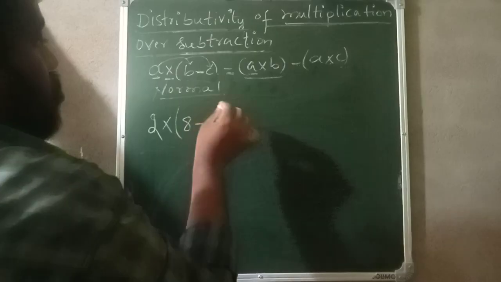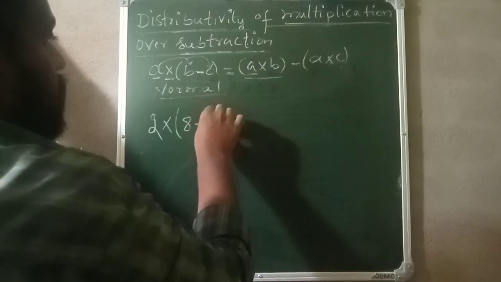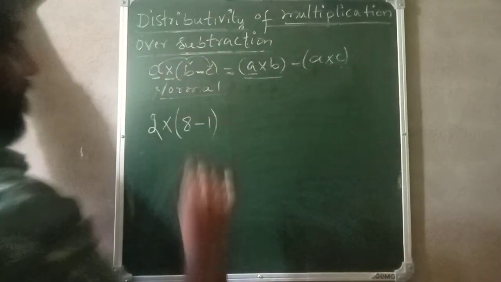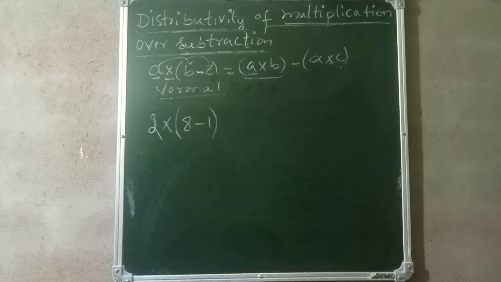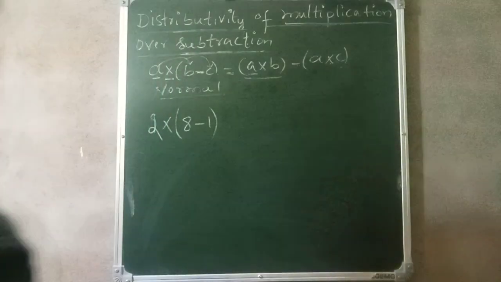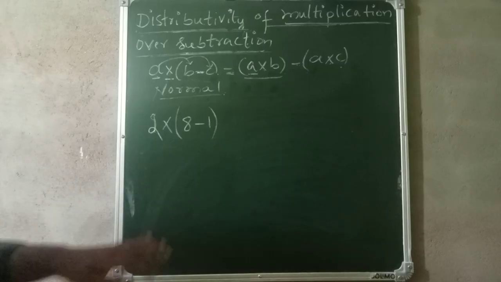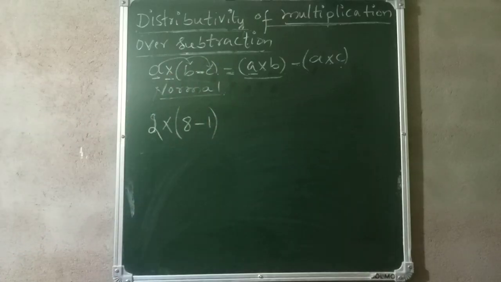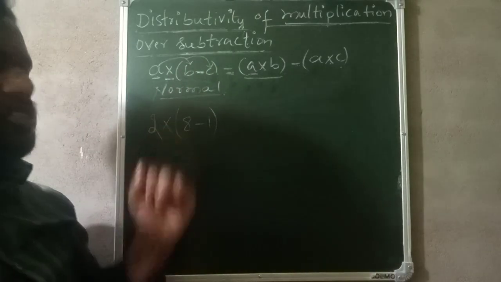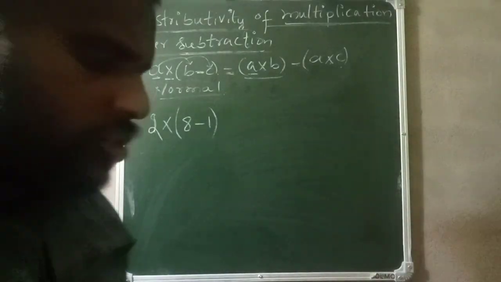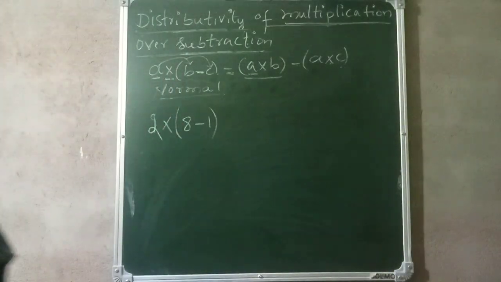So 8 minus 1 I will take. So this time I took simple numbers. I have written it normally. First we will simplify this using normal multiplication.